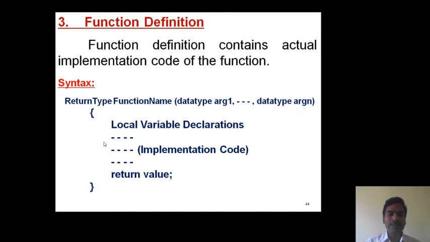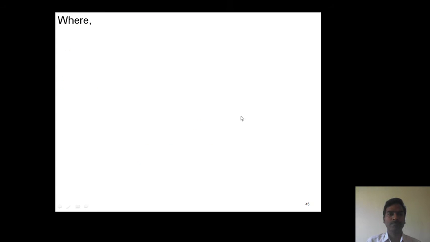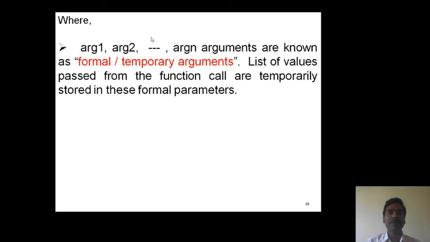Inside these two braces, in addition to formal arguments, we need some other variables, and these variables are declared as local variables. The implementation code depends on the type of the problem statement. After implementation, the function is capable of returning some value, hence we place a return statement as return value. Observe these points.